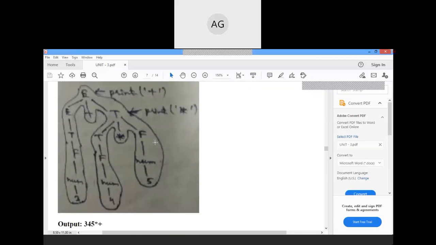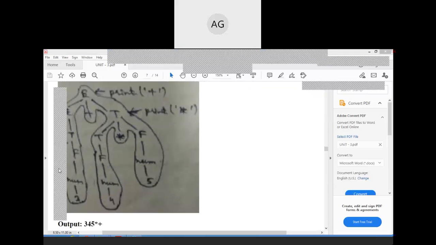As you can see, I think there is some difficulty in seeing this, but I am drawing it here parallelly.